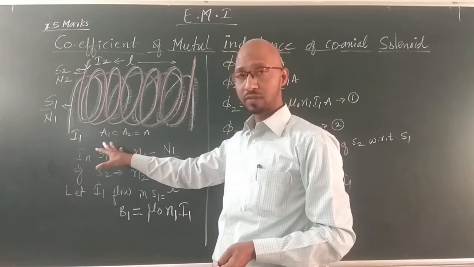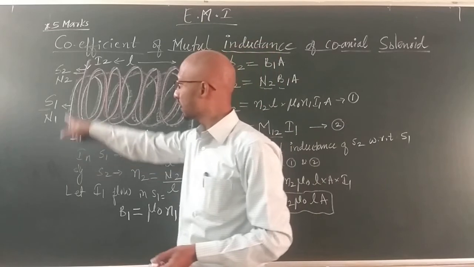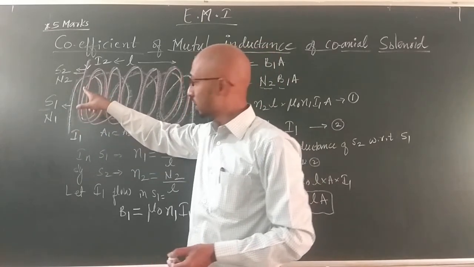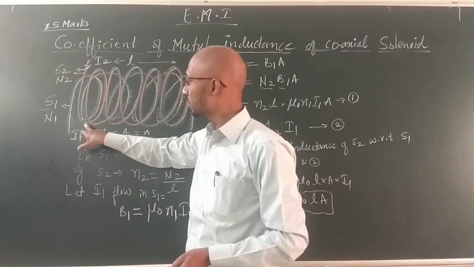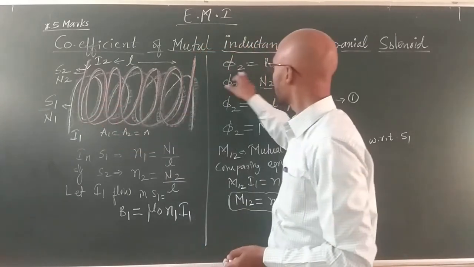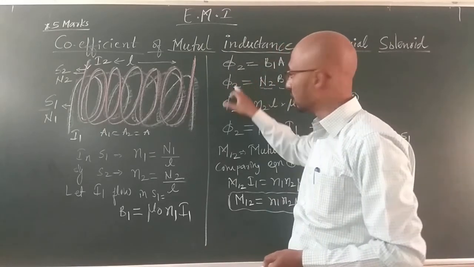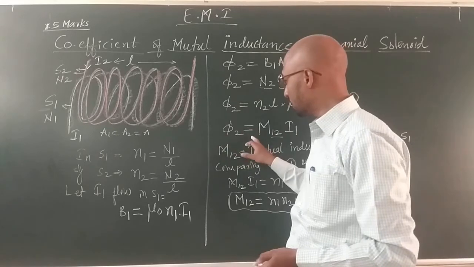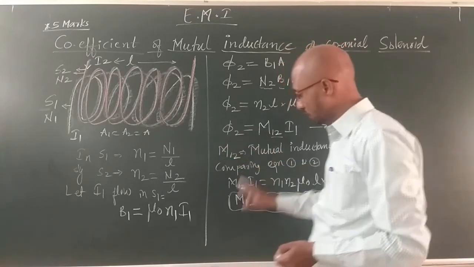The first condition: when current I1 flows in the first solenoid, a magnetic field is produced. Due to this magnetic field, the flux linked with the second solenoid changes. According to the mutual induction definition, I got this result.